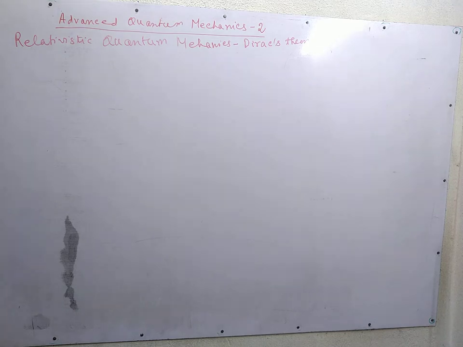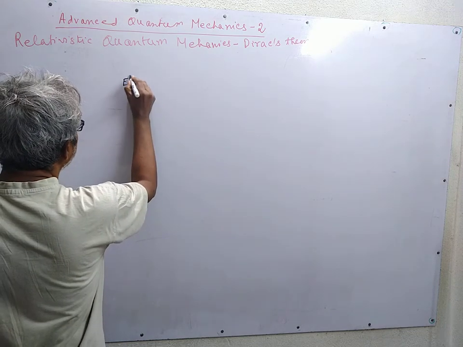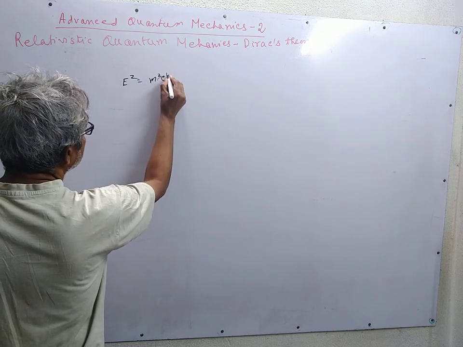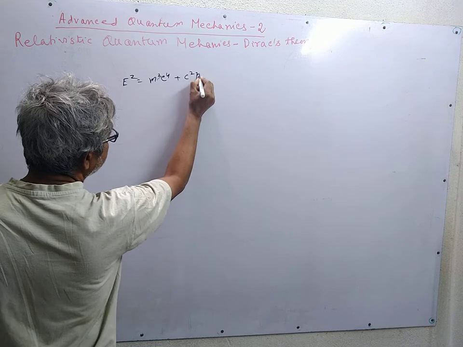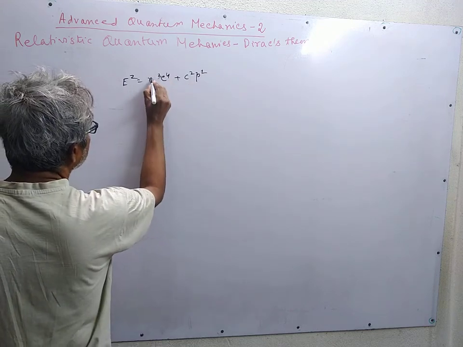In the earlier class we introduced the Klein-Gordon equation, the first relativistic equation, which starts from the relativistic energy expression E square is equal to m square c to the power 4 plus c square p square, where m is the rest mass of the particle.